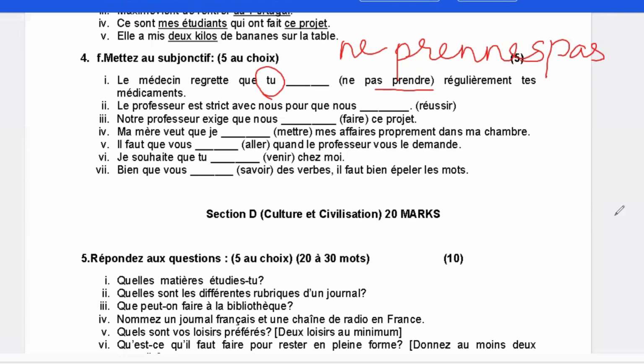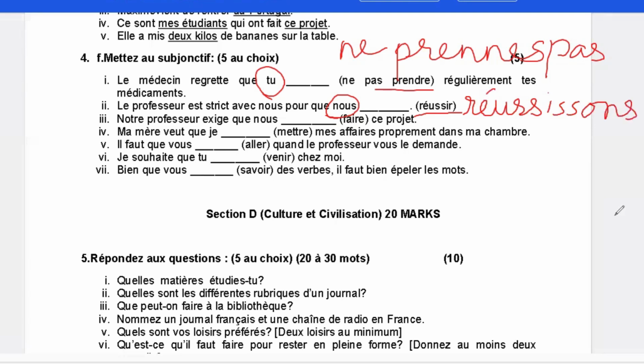Let's move on to the second one here. The verb is réussir. Again, same. First, check it out. Is it there in the irregular verb list? No, it is not there. Do we have nous and vous to look after? Yes, we have nous. So that means the nous and vous is similar to the imparfait. So let us see how we are going to do this. It's a regular IR verb. So I will put my réussir verb in the present tense, ONS.